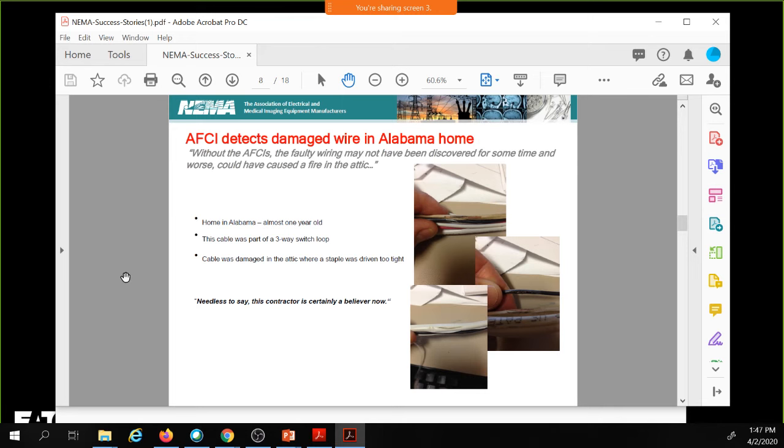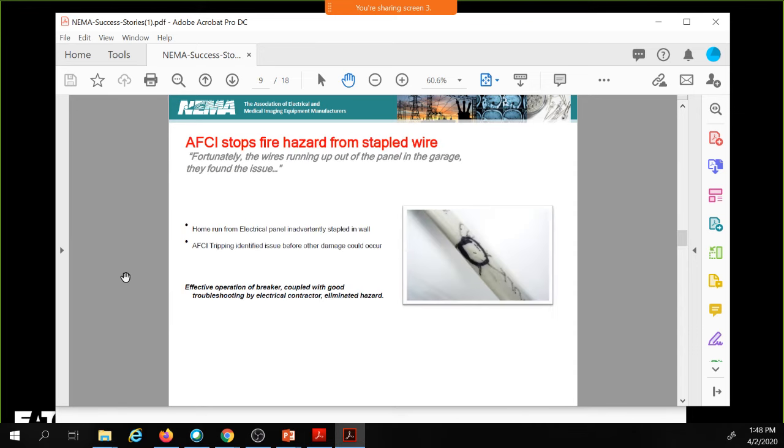Without the AFCIs, the faulty wiring may not have been discovered for some time. This was in Alabama, almost a year old. The cable was part of a three-way switch loop. Look what happened to that cable. It was damaged in the attic when the staple was driven too tight. Sometimes wearing glasses when you're stapling conductors is important.